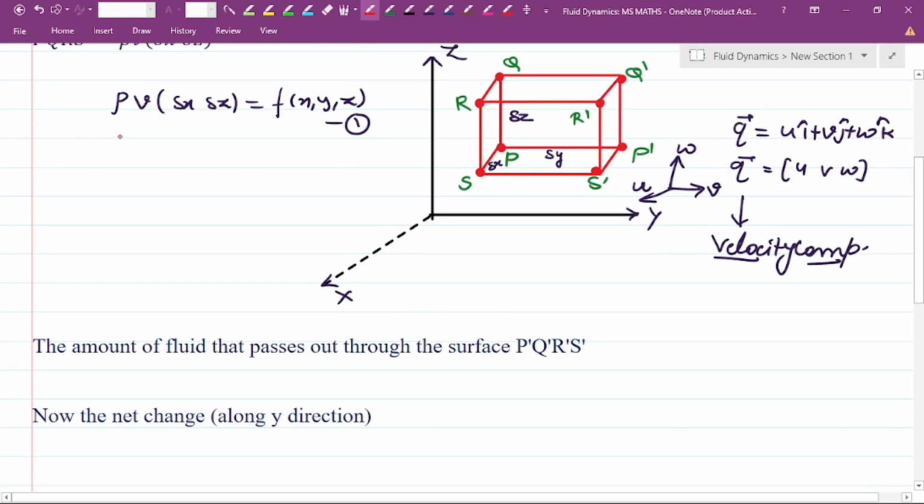Here rho denotes the density, v is the velocity, and del X and del Z give the area.